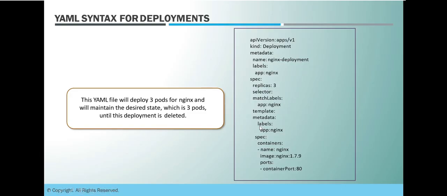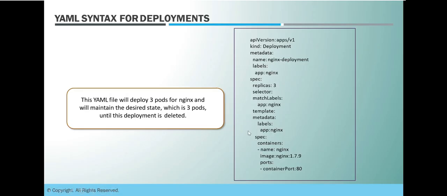We can mention the name, we can mention labels, and in labels we can mention other important details like the application, we can mention category, we can say front end or back end. So these kinds of labeling we can do here, like type front end, type back end.